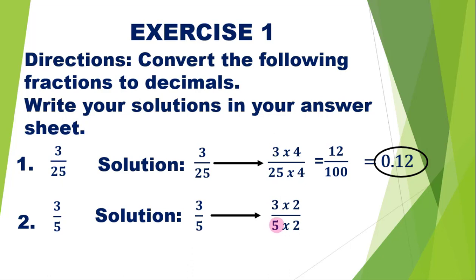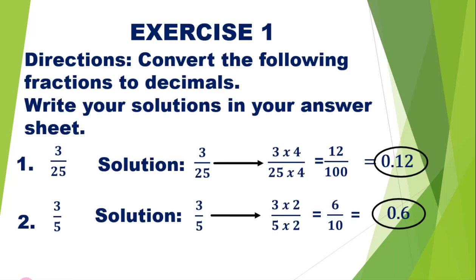So we rewrite 3/5, and to make this denominator 10, we have to multiply 5 times 2. In the same way, we have to multiply the numerator 3 by 2, giving us 6/10 or 0.6. So therefore, 3/5 equals 0.6.